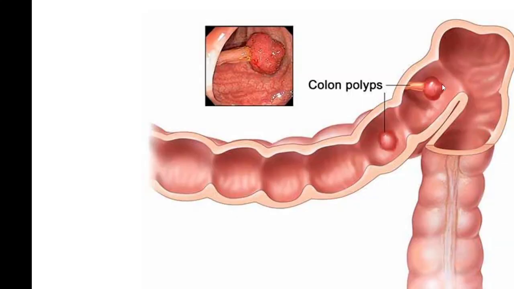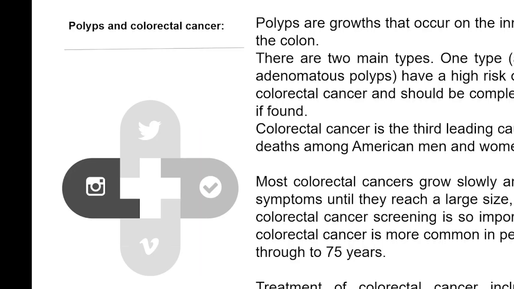So this is what we call a polyp, a small outpouch from the inner wall. There are two types. One type has a high risk of turning into colorectal cancer, and it should be completely removed immediately. So you might have heard about colorectal cancer. It's the third leading cause of cancer among Americans.